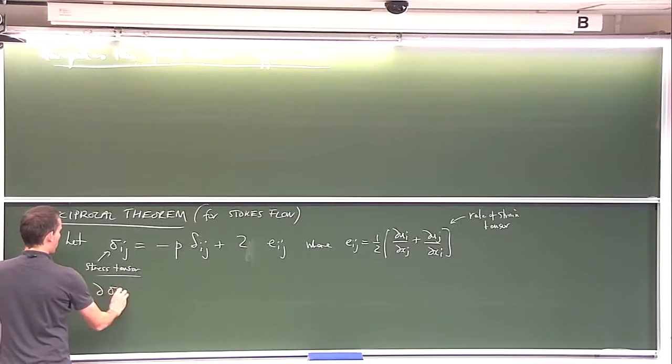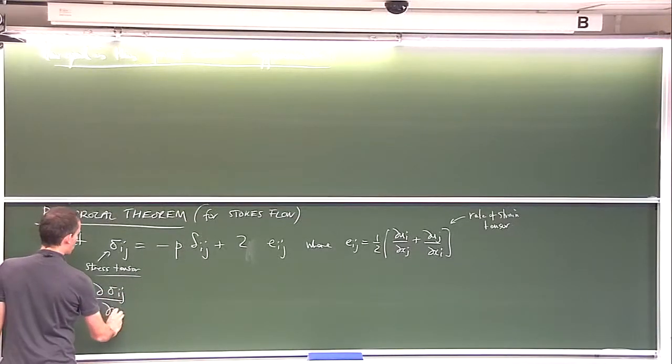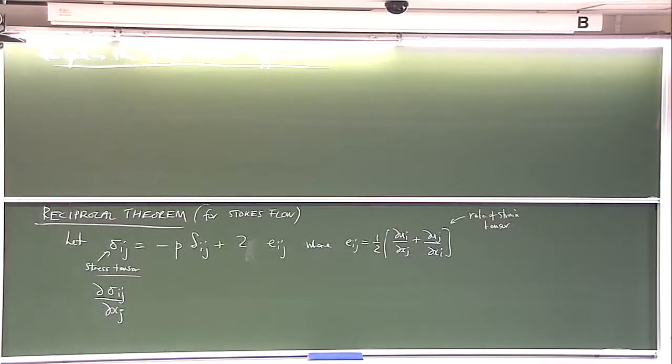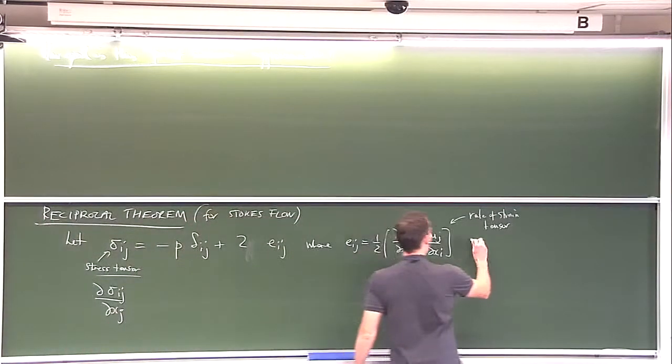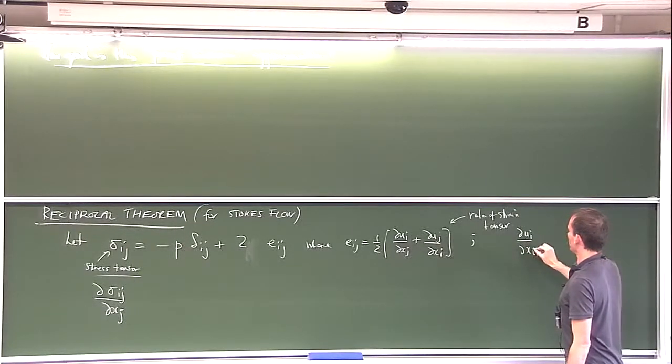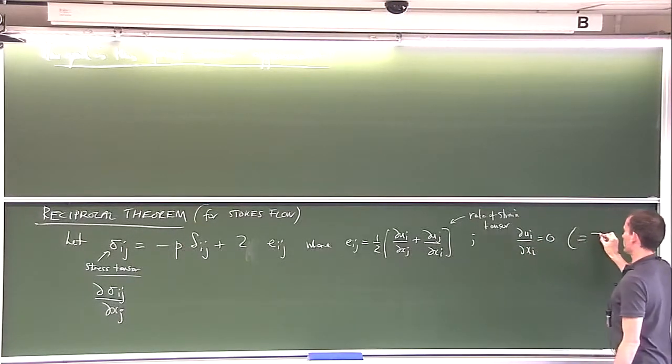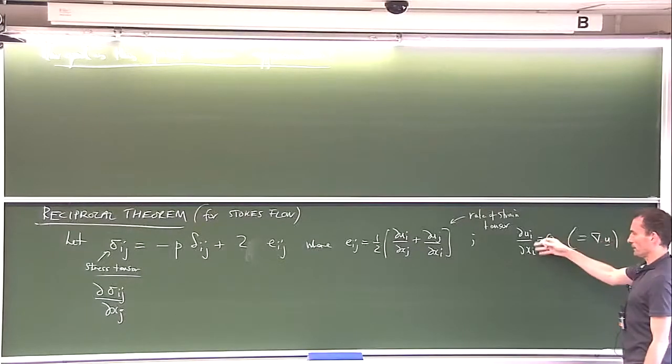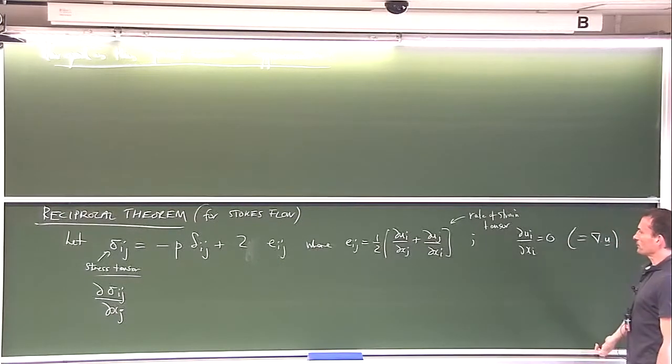What do we know about sigma ij, the divergence, if you like? Or basically the contraction with derivative xj. Oh, and by the way, I'm going to insist that div u, this is equivalent to div u in index notation, div u is 0.